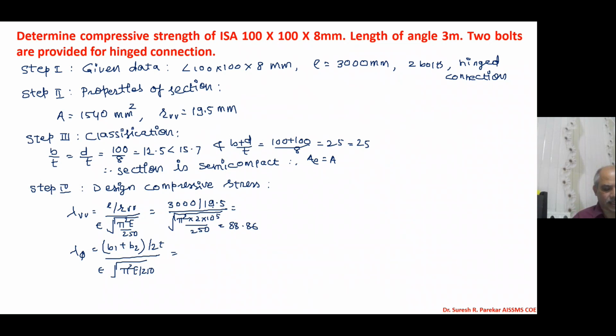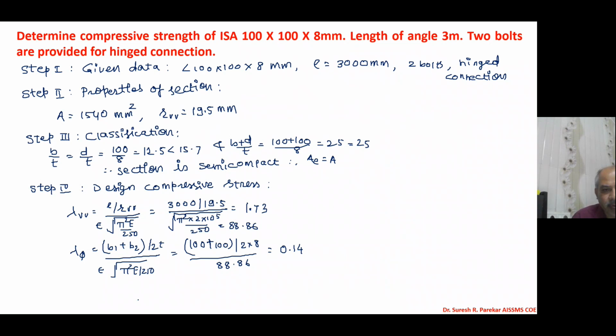So into 3000 divided by 19.5, 1.73. Then lambda phi we have 100 plus 100 divided by 2 into 8 upon 88.86. So we have 200 divided by 16 divided by 88.86. It comes 0.14.